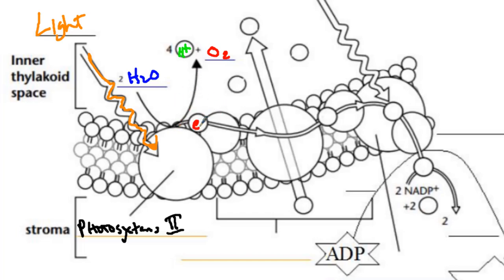It also makes electrons. And these electrons get caught in what's called the electron transport chain. So electrons flow through here. Now, we're making not just one H plus, but a bunch of H pluses in here.